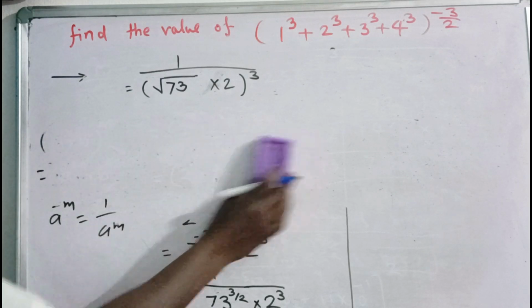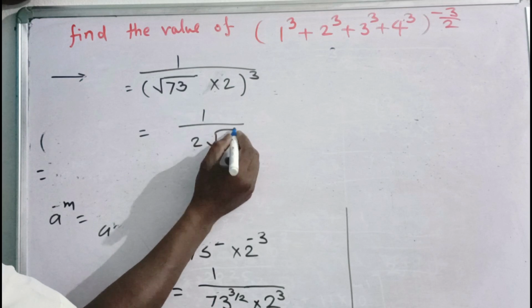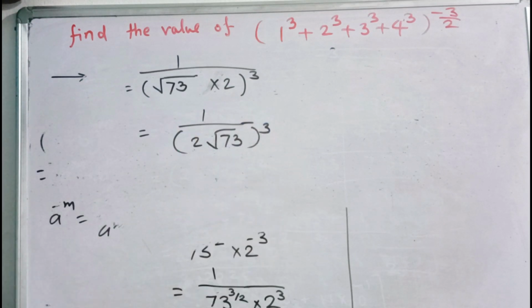You can simply write here 1 upon 2 under root of 73 raised to the power 3.